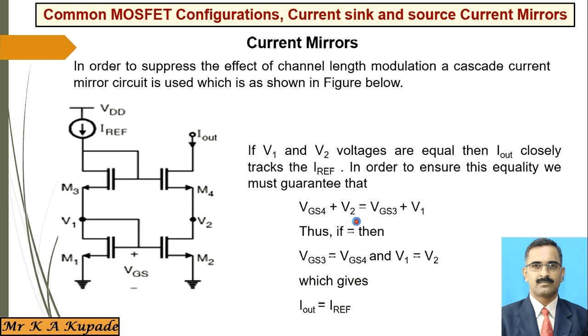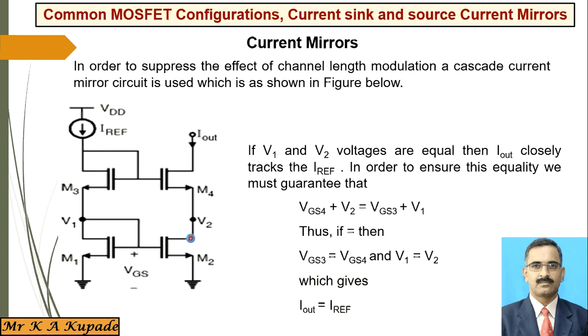It is equal to VGS3 plus V1. That means the gate voltage and V1 voltage for M3 equal the voltage for M4 and V2.